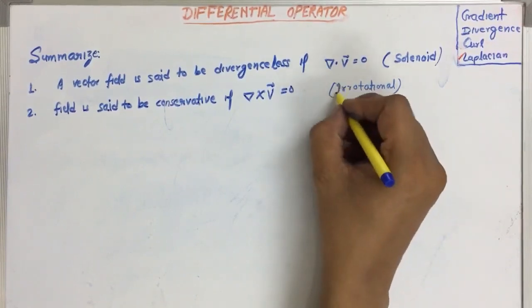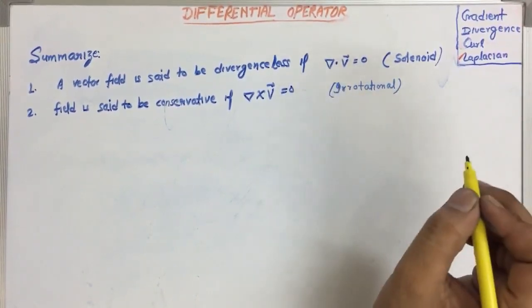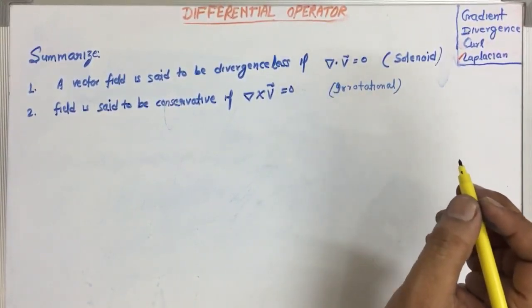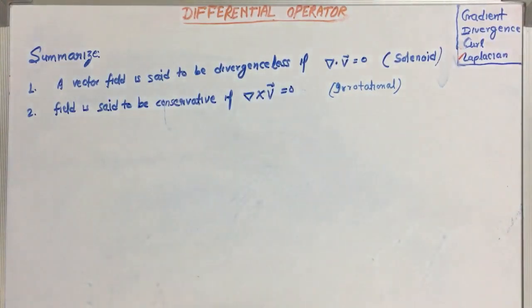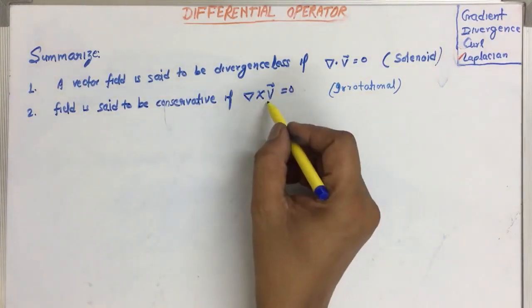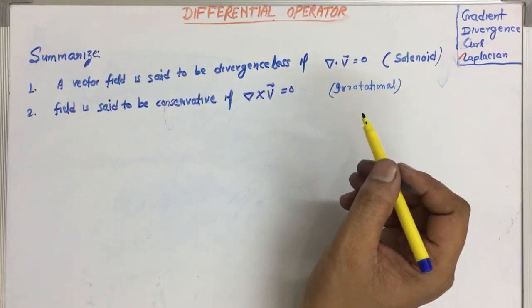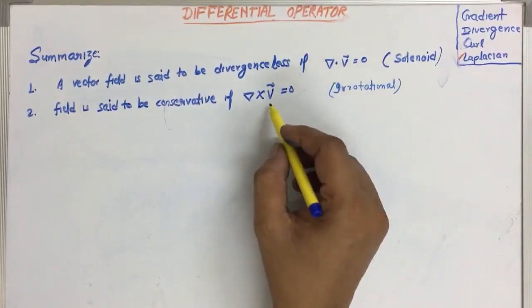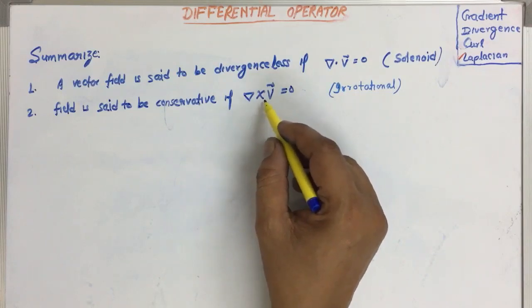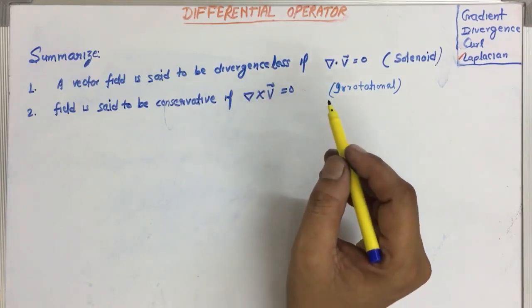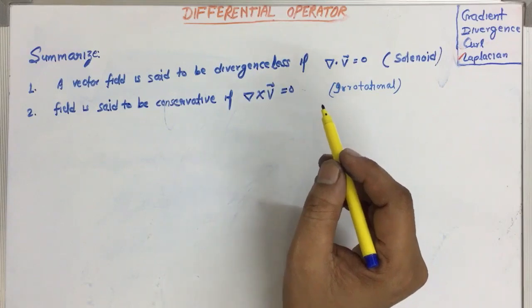So in the GATE exam or your academic exam, if it is asked show that the field is conservative, it means you have to show that the curl of the field is 0. Or if it is asked show that it is irrotational, it means you have to show that the curl of the field is 0. Or non-rotational.